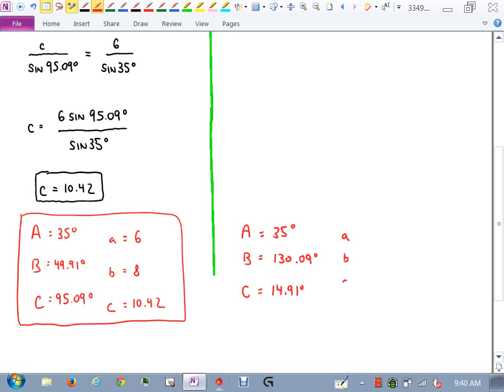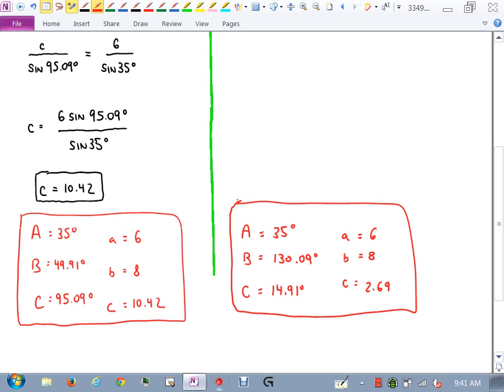Little a, little b, little c: 2.69, 8, and 6. And those do match also, right? We do get the largest angle with the largest side, smallest angle with smallest side.